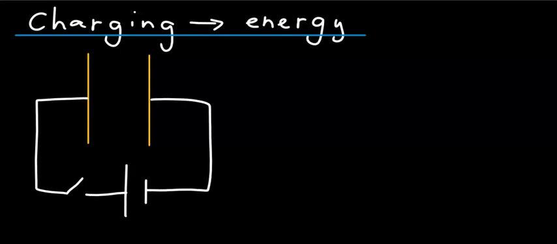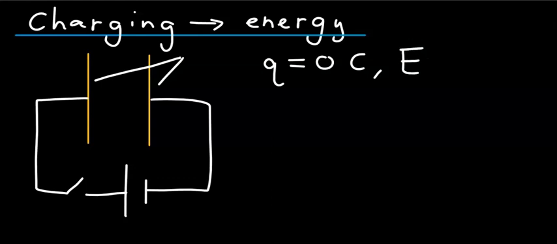Of course, the voltage of the battery is capital V. Initially, the plates of this capacitor have no charge, so the charge is 0 coulomb. If there is no charge, there is no electric field between the two plates of that capacitor. That means there is no energy stored in the region between the plates of the capacitor.